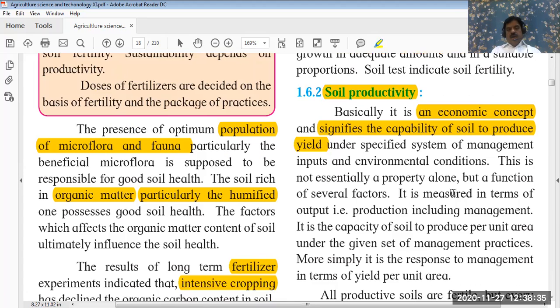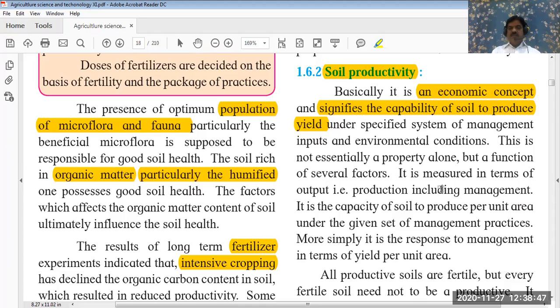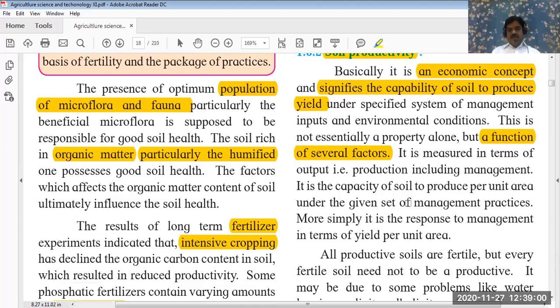So soil productivity depends upon soil fertility, no doubt. If soil is not fertile, it cannot be productive. Soil productivity is a function of several factors, which means it can be increased or decreased by different factors.